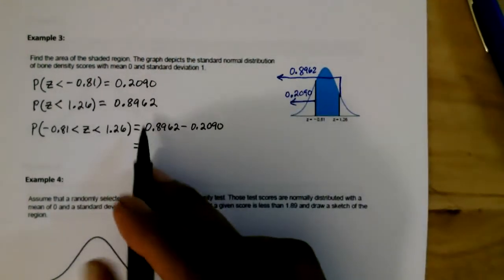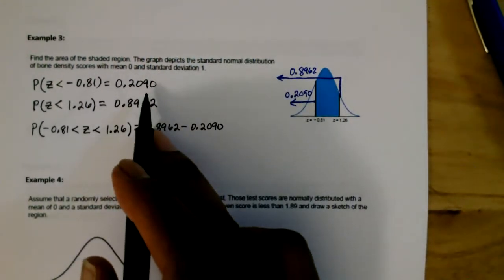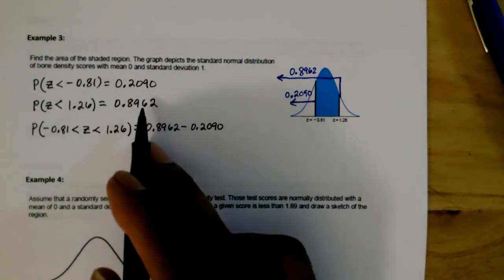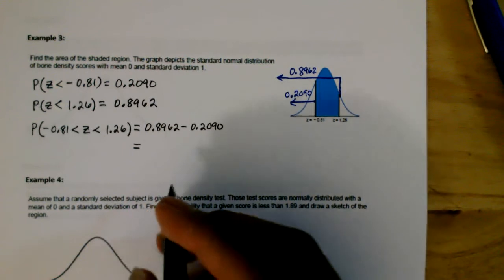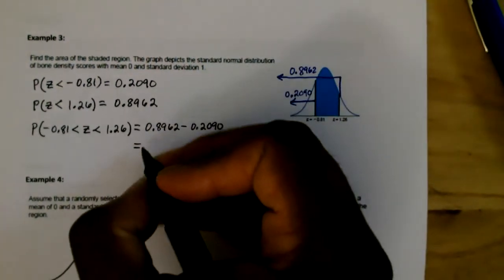And keep in mind, the larger minus the smaller. If we did the smaller minus the larger, we'll get a negative number. Probability values are never going to be negative. So it's 0.8962 minus 0.2090. That would give us 0.6782.